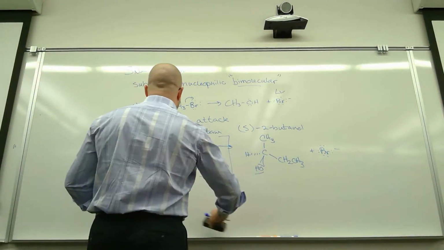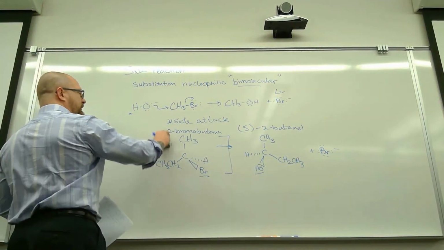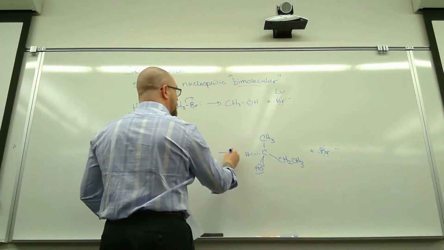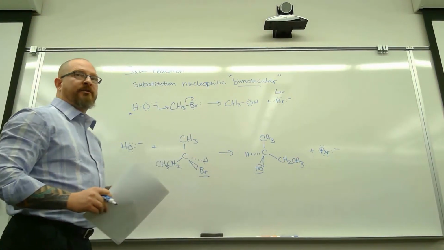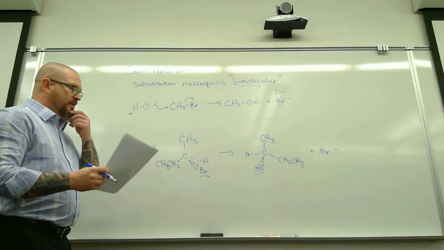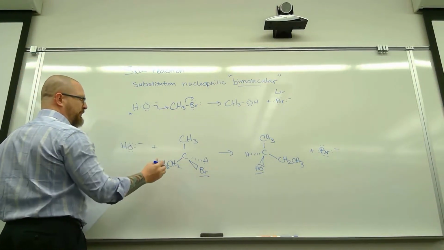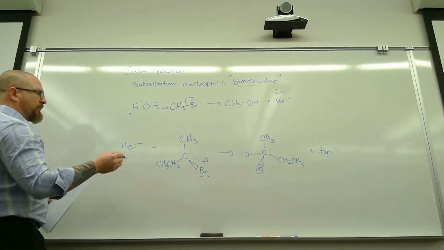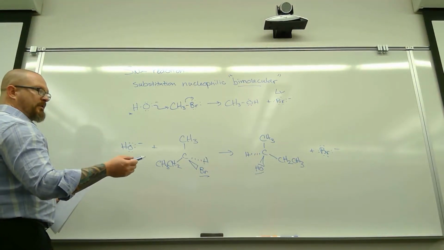So we've explained bimolecular. We've explained why there's an inversion of stereochemistry. We have one more effect, and that is that it was observed that this particular mechanism strongly favors less substituted carbons.